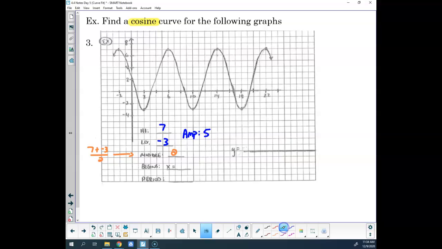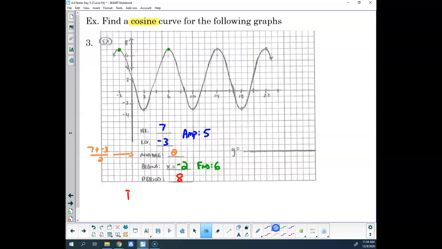Cosine starts on high, so I could start there, and I would start at -2. It ends on high, which would be right there, and that would be at 6, which gives me a period of 8.